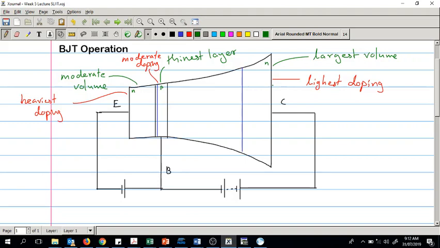So which side should be positive and which side should be negative now? Which side should be positive?